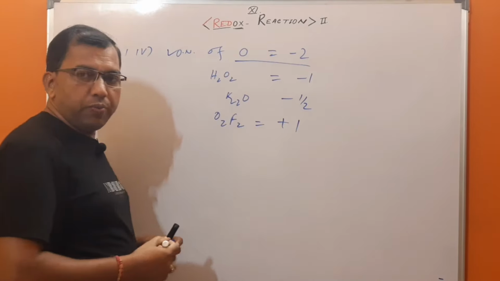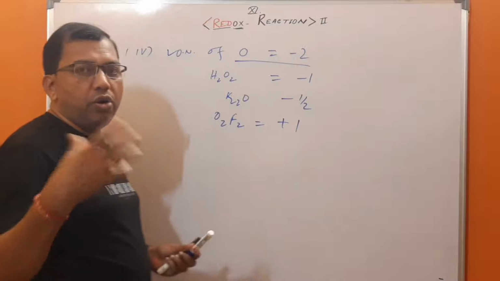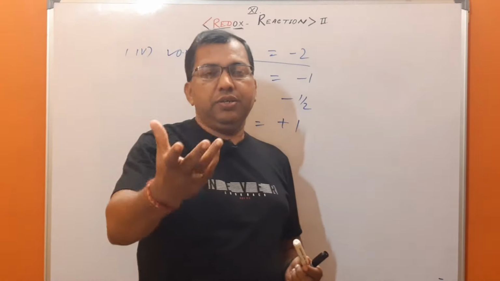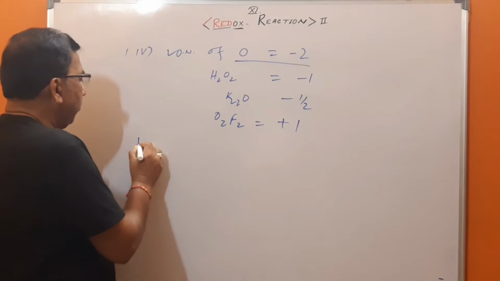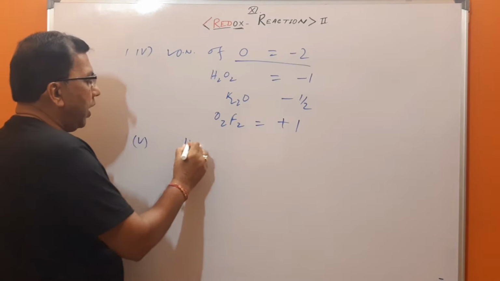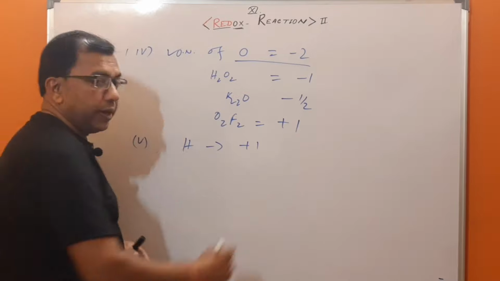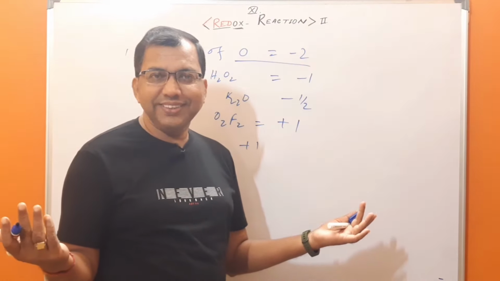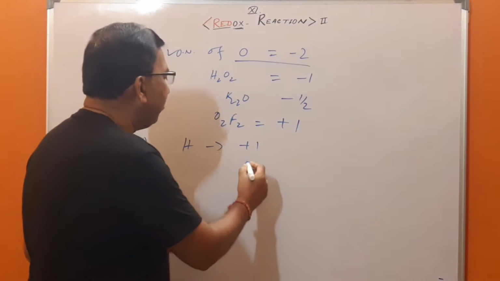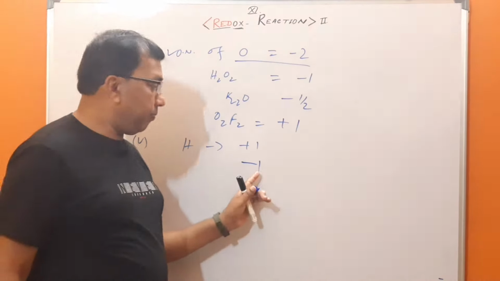Oxygen normally -2. Next comes the oxidation number of hydrogen. The oxidation number of hydrogen is normally +1. Hydrogen, fifth rule: normally +1. But in case of metallic hydride, what will it be? In metallic hydride, it will be -1. Remember it?